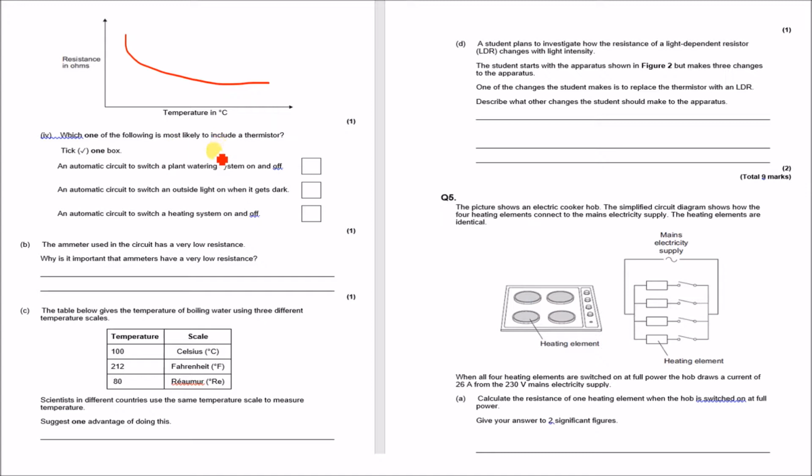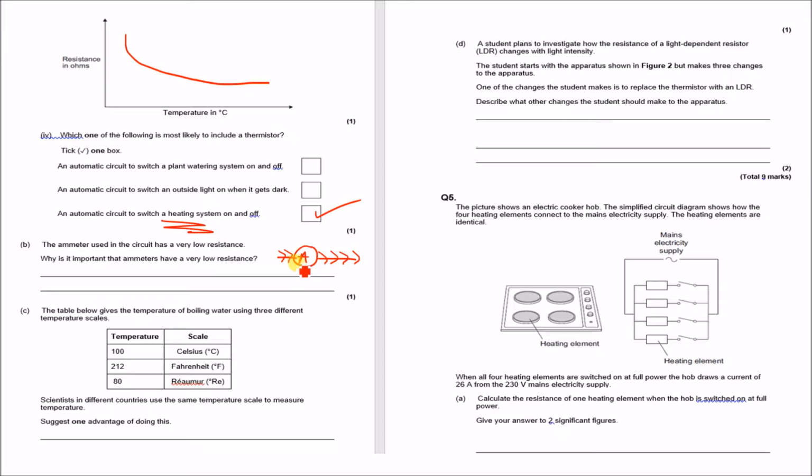Which one of the following is most likely to include a thermistor? Well, this is going to be for some kind of heating system, so we're going to tick that box there. The ammeter used in the circuit has a very low resistance. Why is it important that ammeters have a very low resistance? Well, if you think about an ammeter, it's placed in series with the circuit, so as the current flows through the circuit, you do not want the ammeter to have an effect on the current flow.